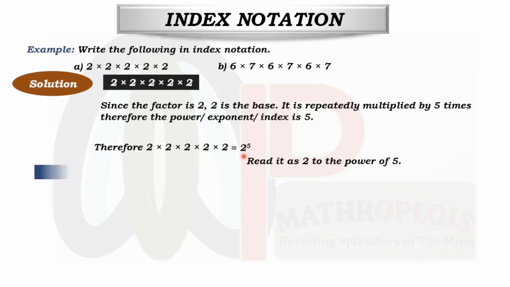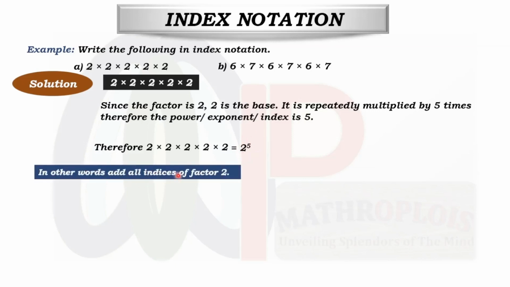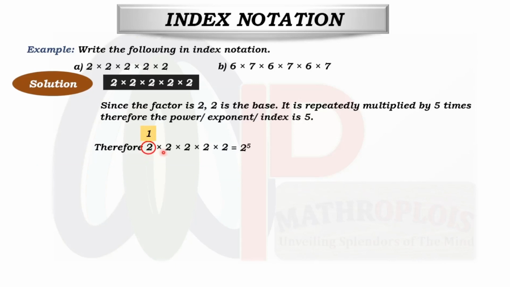In other words, add all indices of factor 2. As we know, a number or factor without any power, exponent, or index always has its index as 1. Therefore, first 2 has index 1, multiplied by second 2 with index 1, third 2 with index 1, fourth 2 with index 1, fifth 2 with index 1.